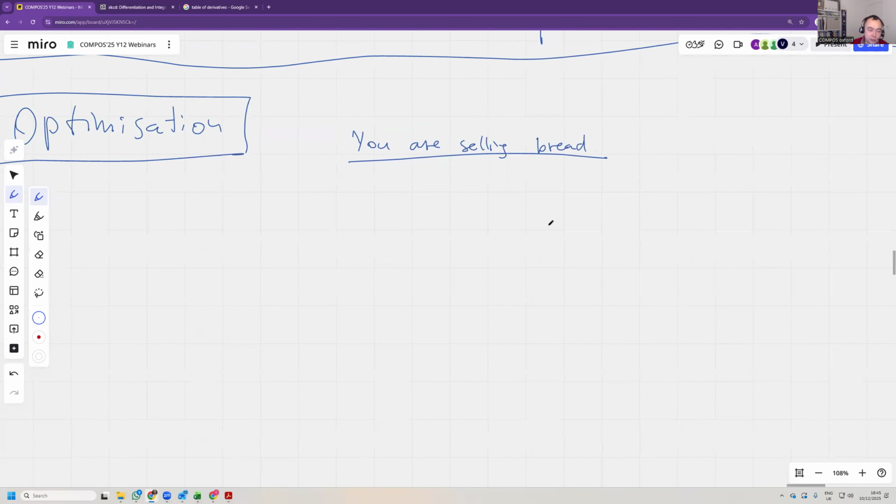And it turns out that this is your price and this is the quantity. And imagine that the higher the price, the less bread you will sell.